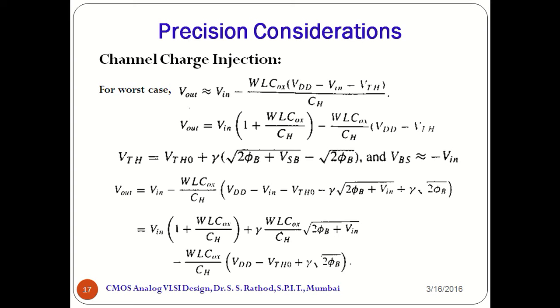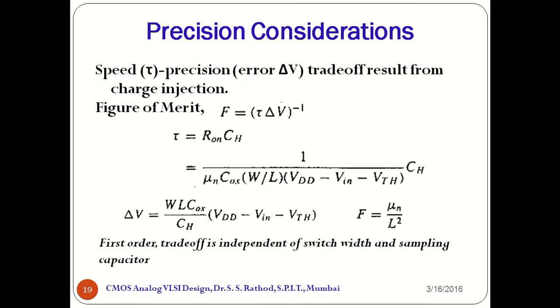That means error voltage delta V will increase, right? Or in other words, to reduce the error voltage, that is to reduce the delta V, what you have to do is increase the value of the capacitor. If you do this, speed is going to degrade. Thus, there is a trade-off between speed and precision.